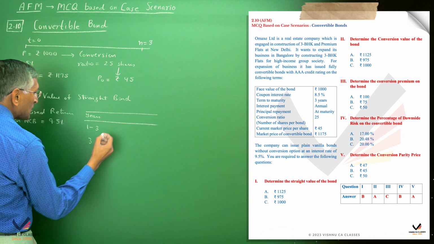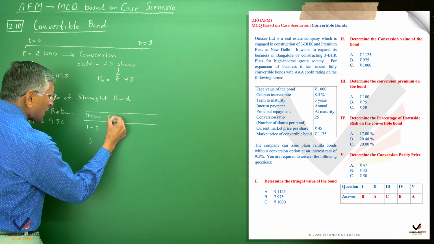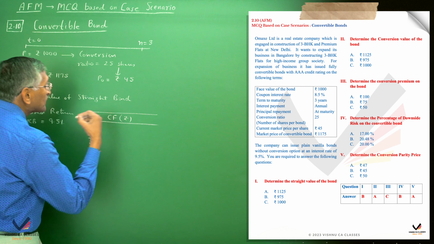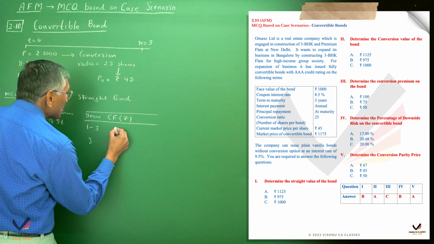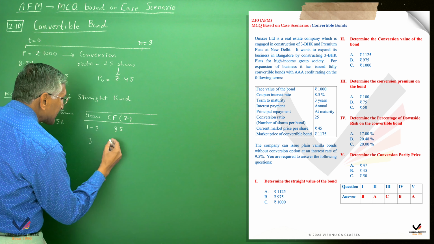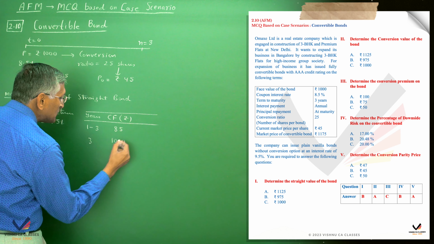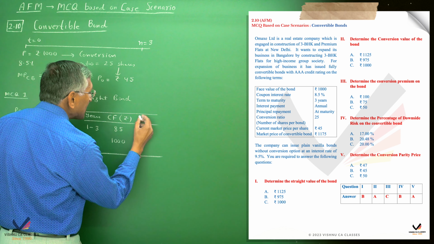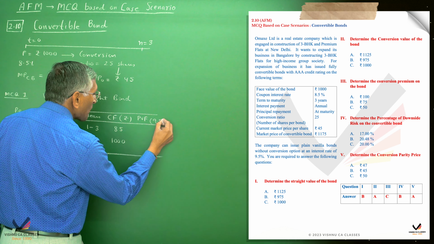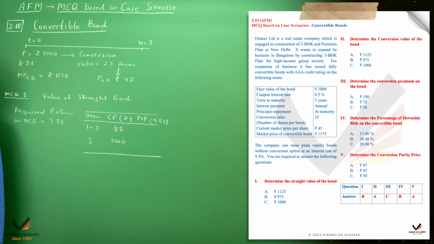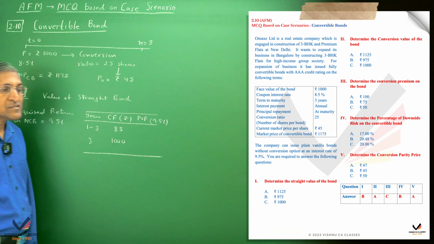So what will be benefit which is also called cash flow in rupees. So on this 1000 you will get a coupon rate 8.5% which is 85 rupees and it will be redeemed on maturity for 1000. So then you apply PV factor at the rate of required return which is 9.5% for 3 years.